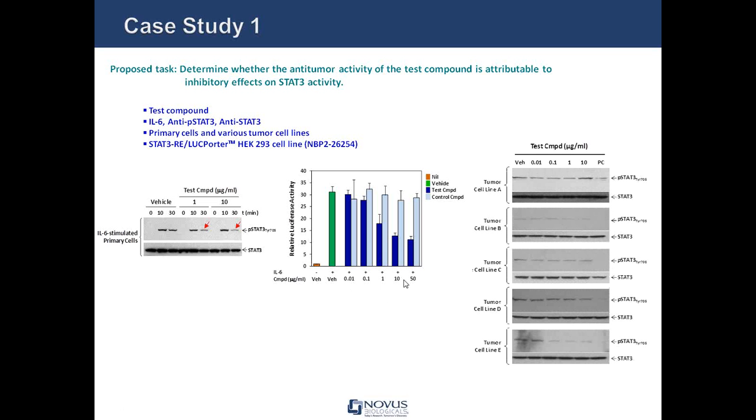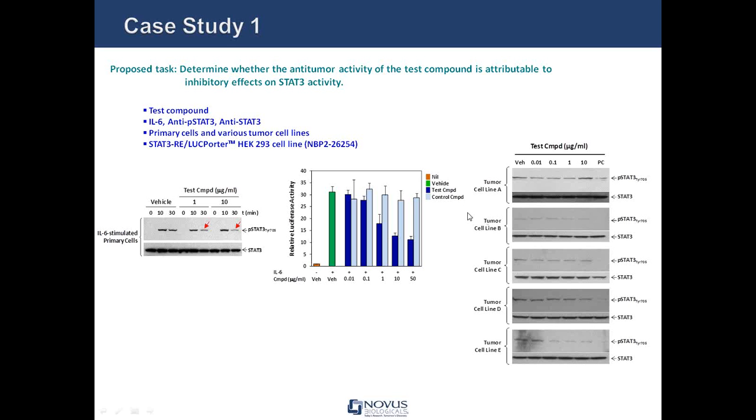And we also checked various tumor cell lines, whether the test compound inhibits the phosphorylation of STAT3. With the tested cell lines, we selected those that constitutively activate STAT3, so there is always a basal level of STAT3 phosphorylation.